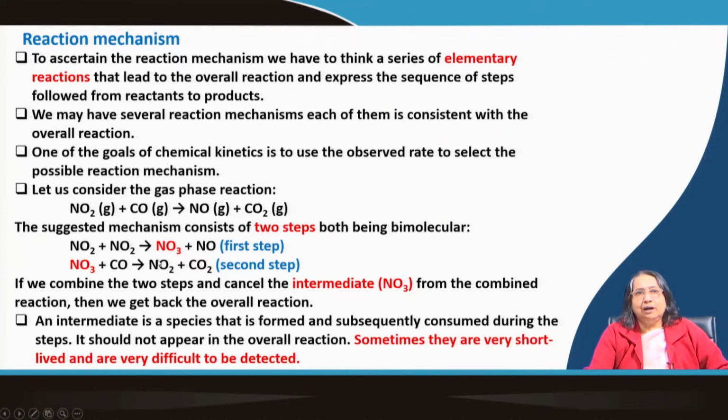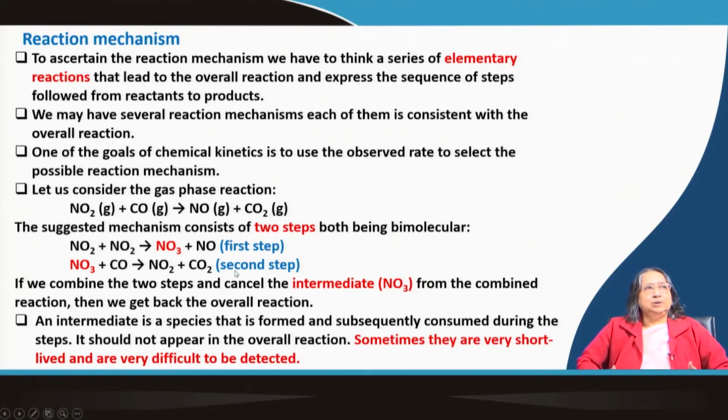Now, here only two steps are shown. So, by adding up you should get back the actual reactants and products. If we combine the two steps and cancel the intermediate from the combined reaction, then we get back the overall reaction.